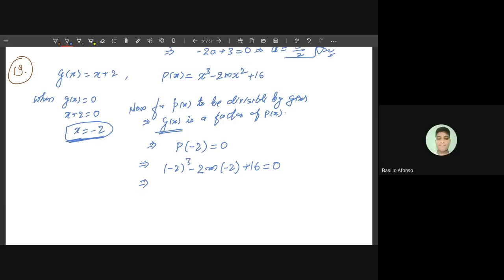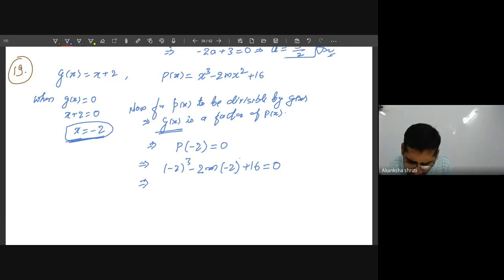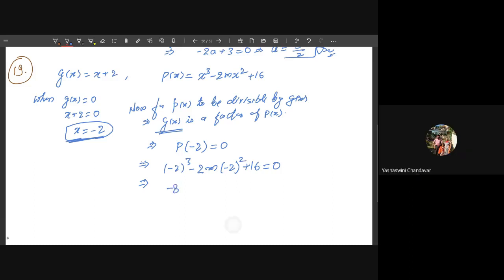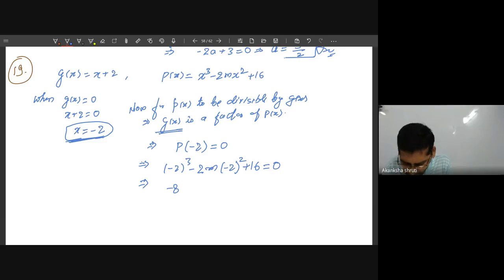So this becomes minus 8. Minus 2 square becomes plus 4, minus 2 means it becomes plus 8m. Keep in mind, this is plus 8m, so you cannot cancel minus 8 and plus 8m. These two are unlike terms. Plus 16 equals 0.